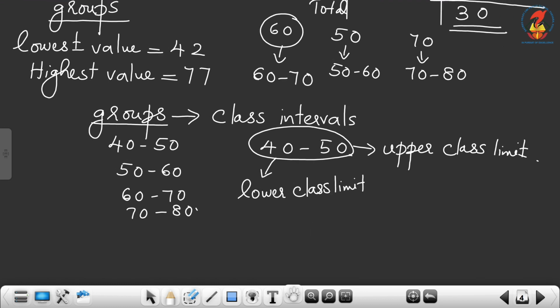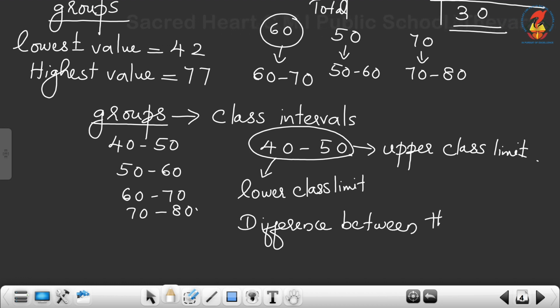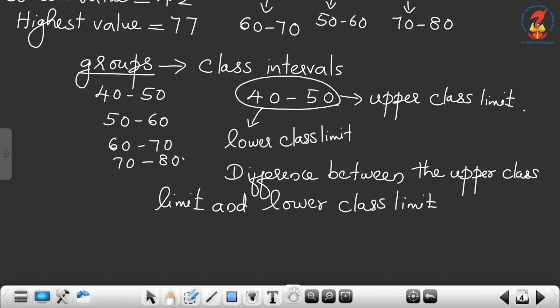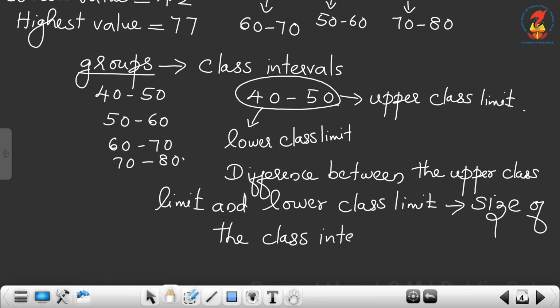Then again, the difference between the upper class limit and the lower class limit is known as the size of the class interval, or we can say the width of the class interval.